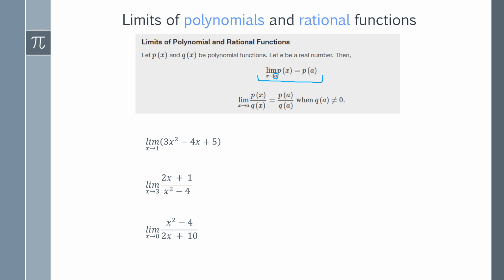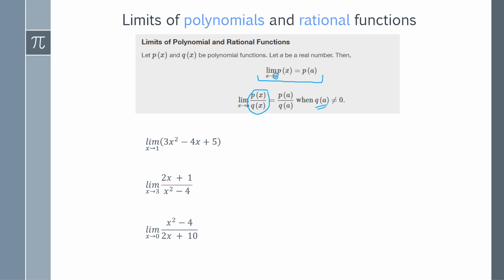And if you're working with rational functions, so it's a polynomial on top divided by a polynomial on the bottom, we can also just evaluate this quotient as long as q, the polynomial on the bottom, is not equal to 0. Okay, so let's take a look at the first 3 examples.